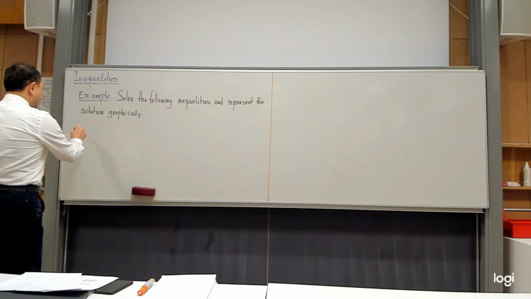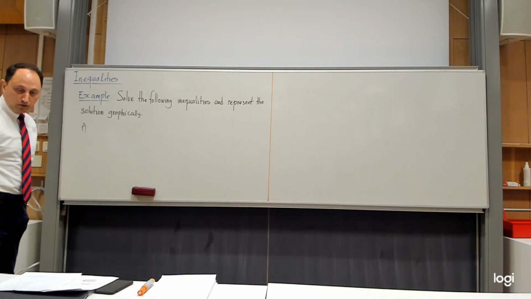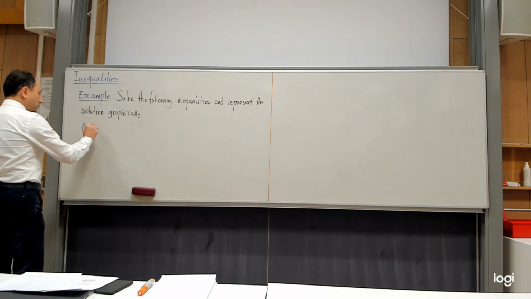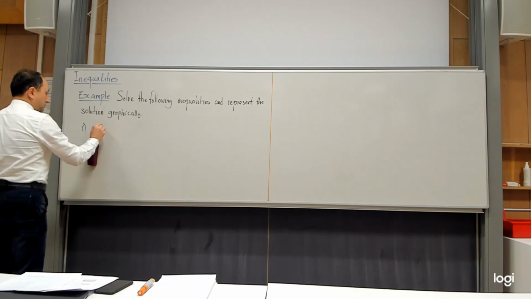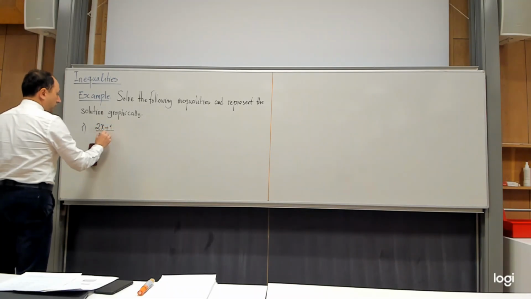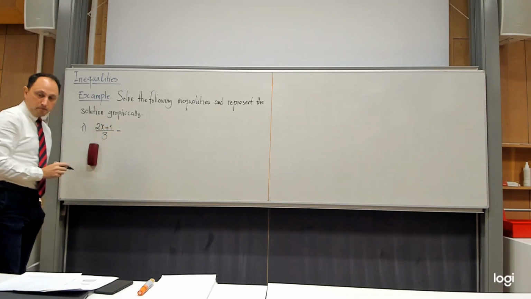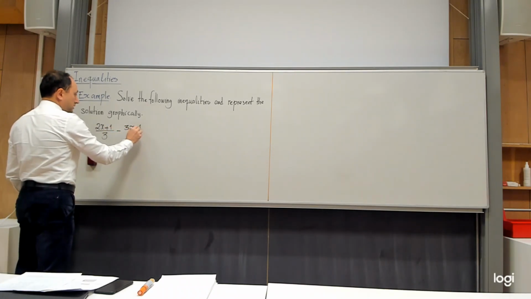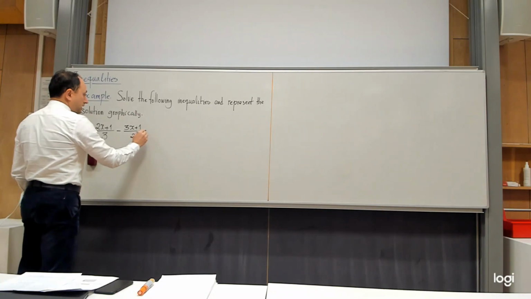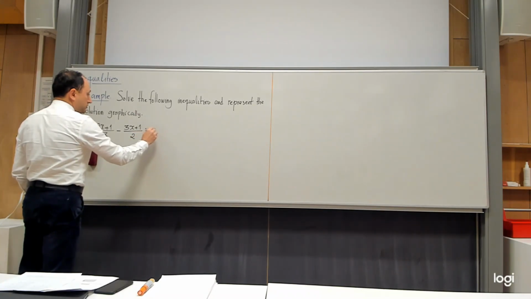For example, let me write this. 2x plus 1 divided by 3 minus 3x plus 1 divided by 2 is greater than or equal to x.